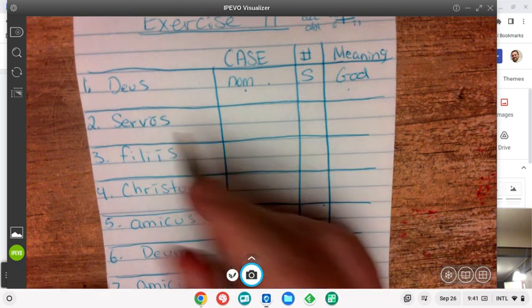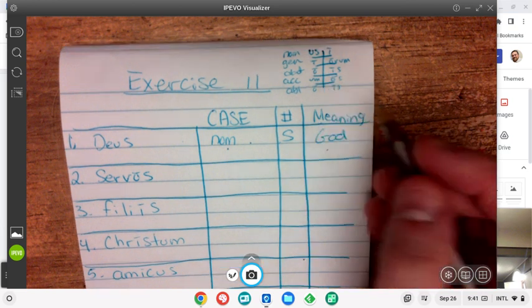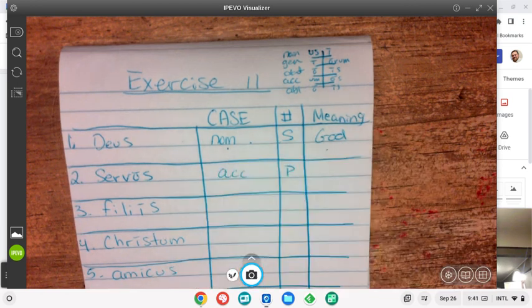Servos. The os, again, only shows up in one place, so that's easy. It's in the accusative and plural. And accusative, what is the job of the accusative? The accusative is for words that we verb. This is plural and it means slaves or servants.